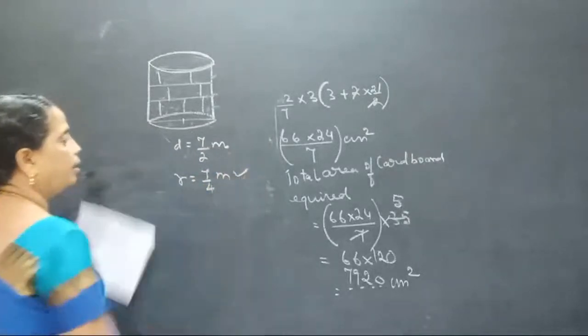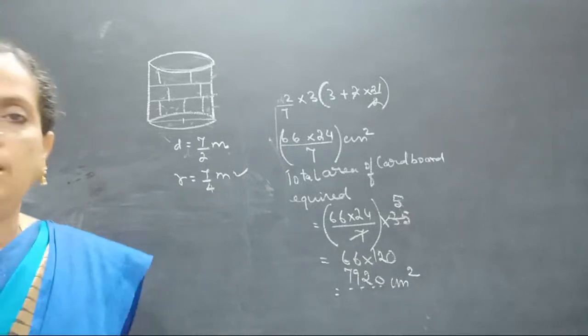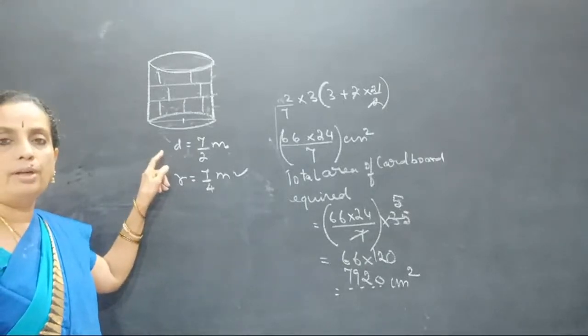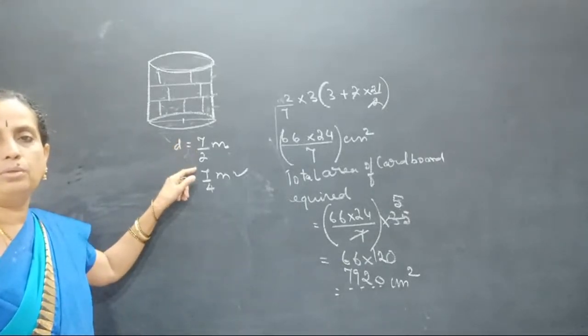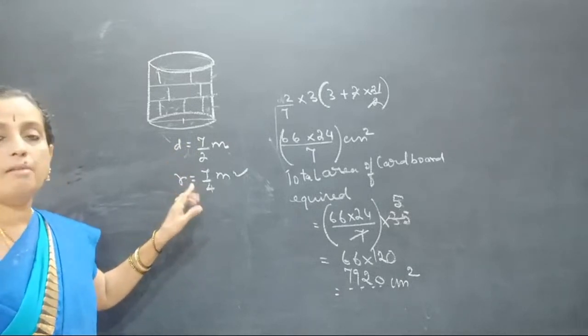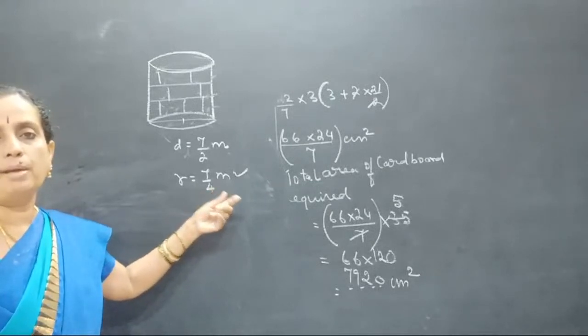Is it clear now? Instead of taking 3.5 and further dividing, keeping it in decimal, I took it in fraction form. When d is 7 by 2, its radius will be 7 by 2 divided by 2, which is 7 by 4 meter.